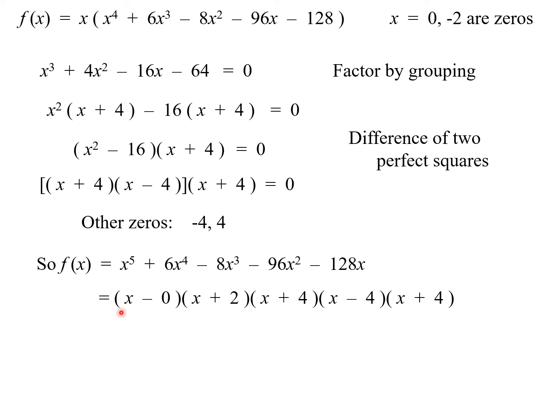Okay, x equals 0 was a zero, x equals negative 2 was a zero, and then what we have in this line right here. Writing this a little bit differently, you get that. Okay, so the original polynomial can be factored into this.